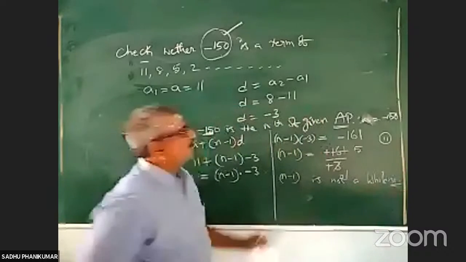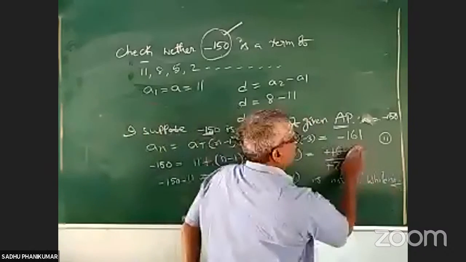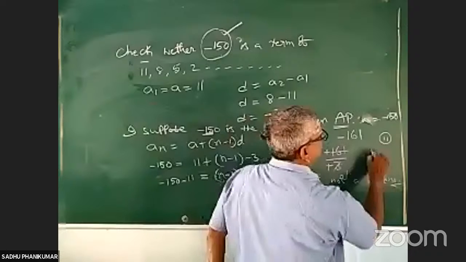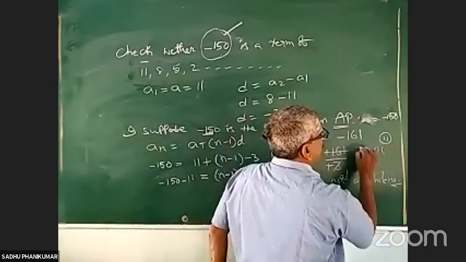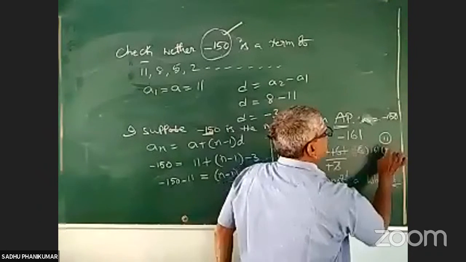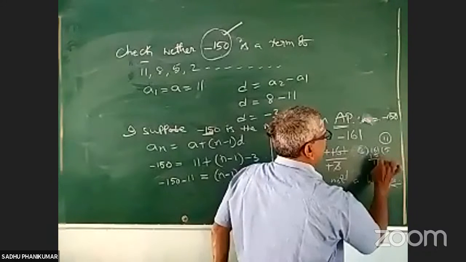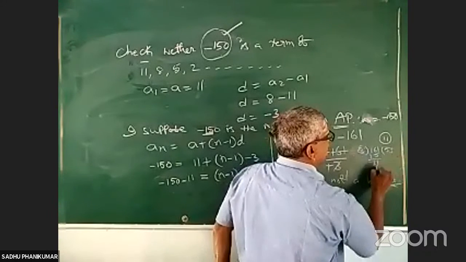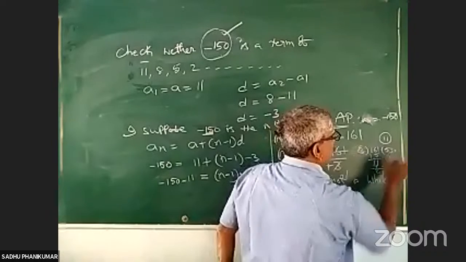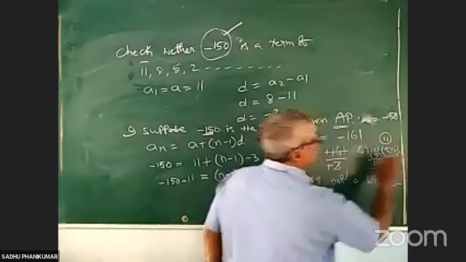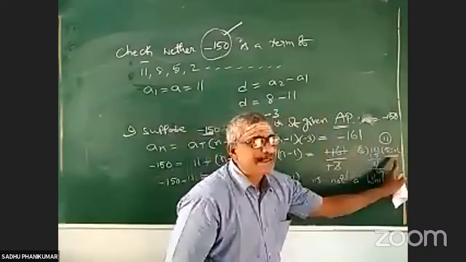Understand? Simply, if you are confused, I'm doing 161 by 3: 3 fives are 15, 1, 3 threes are 9, 2, decimal 0, 3 sixes are. That means it is 53.3.